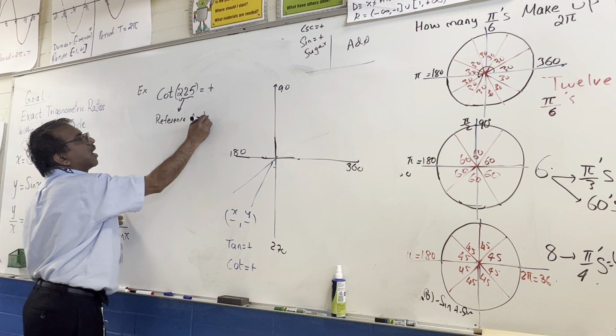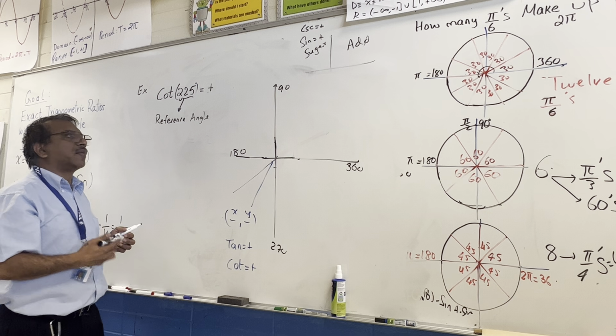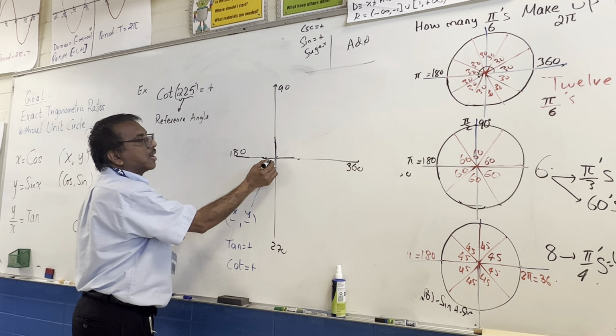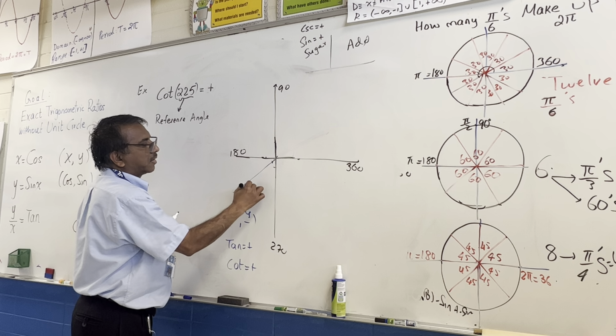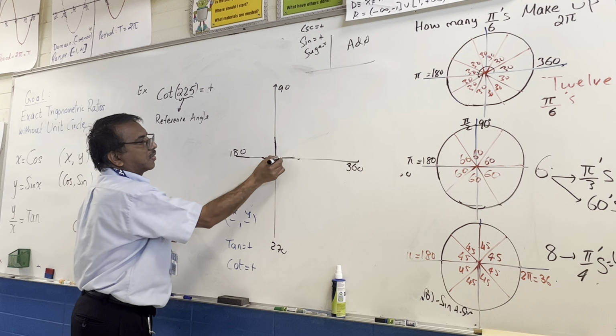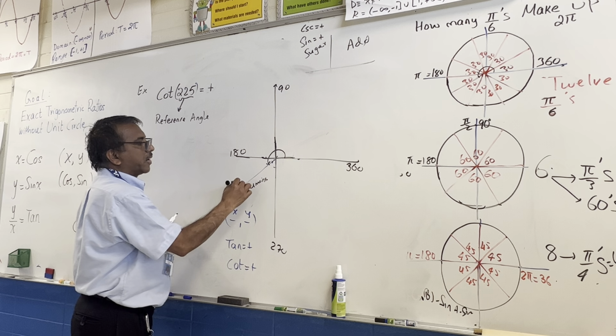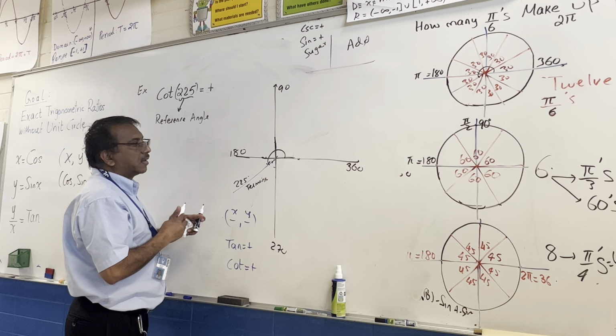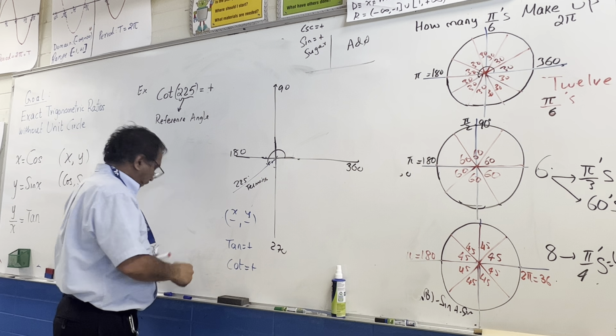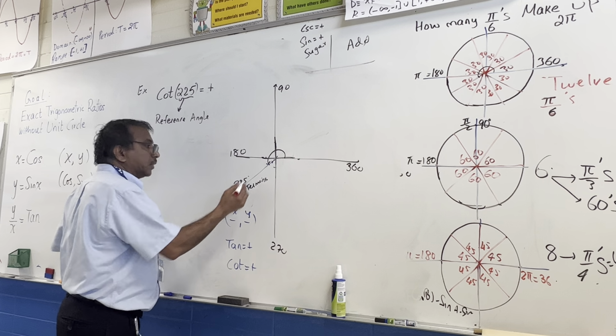Last video I focused on how we find the reference angle. It's the acute angle made by the terminal side. This is the terminal side, and this is 225. So the reference angle is this one.